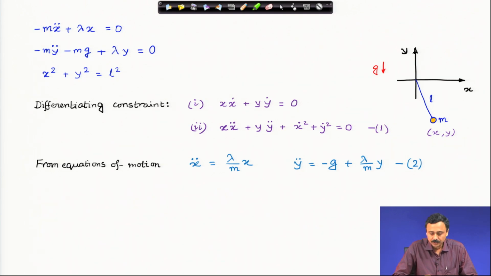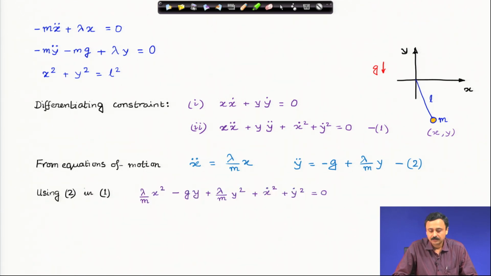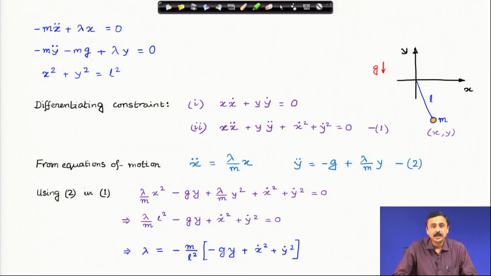I substitute these two equations in equation 1. This is what I get: straightforward algebraic steps, and I solve for lambda. Here you will find lambda is in terms of y, x dot and y dot.